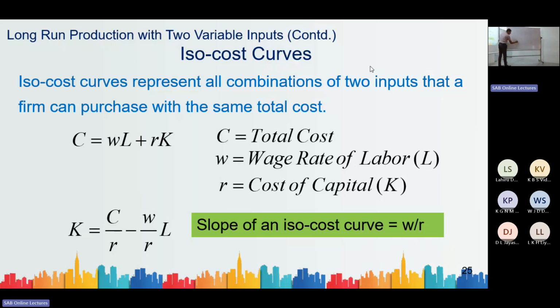The slope is minus W over R. So K equals C over R minus W over R into L. That is the standard expression for an isocost.